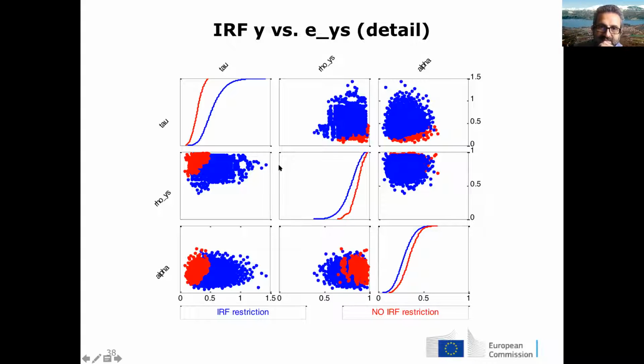You see that in the off-diagonal, in principle, we should have the same type of plot, just transposed, but the plots are actually different. Why? Because on the lower triangular part, we plot the blue and the red on top of the blue.